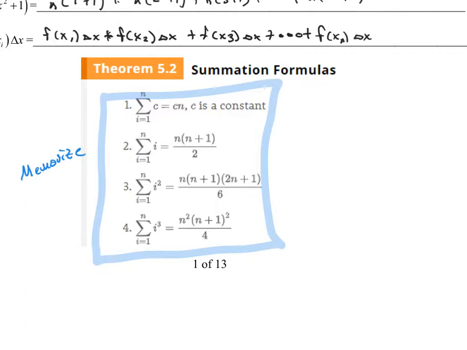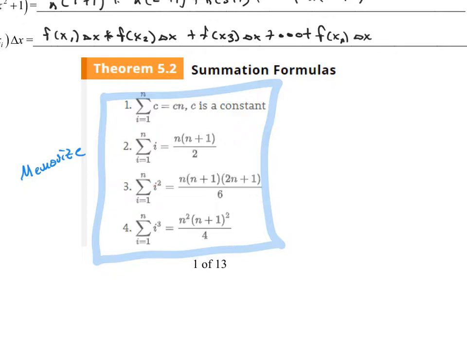So for instance, if I wanted to know the sum of the first 100 numbers, it would be 100 times 100 plus 1 all divided by 2. So I could actually plug in the numbers here and get the answer without having to add up 1 plus 2 plus 3 plus 4 plus 5 all the way up to 100. Same thing here.